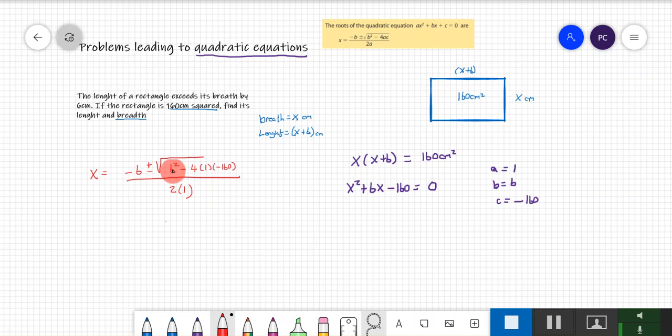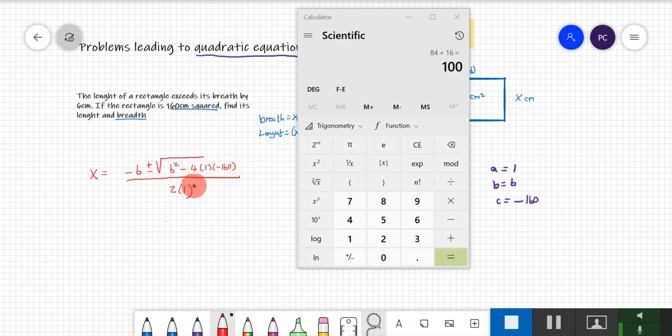So then what we want to do is solve this. Again, what I'd always do is work out this part in here first. So we have minus 4 multiplied by minus 4 by 1 is minus 4, and then minus 4 by minus 160.